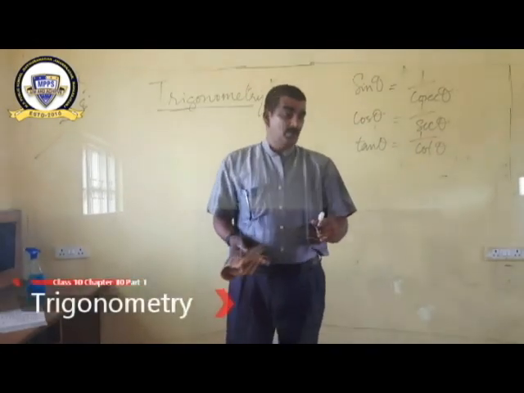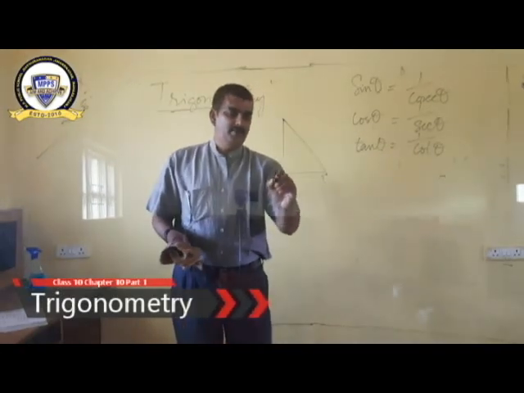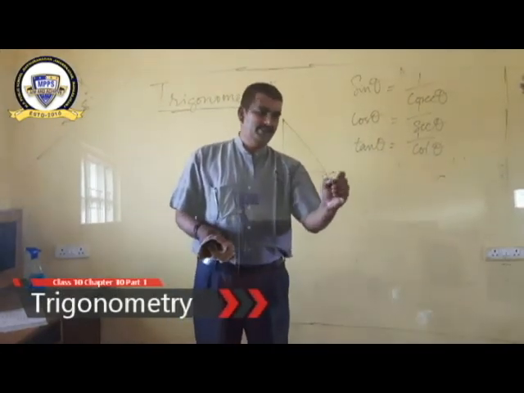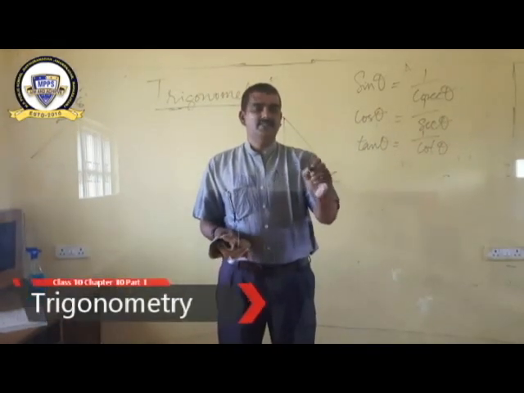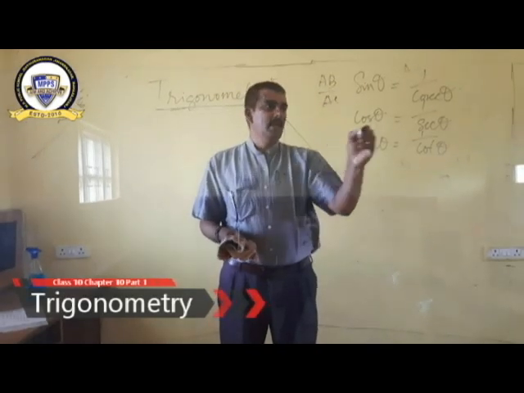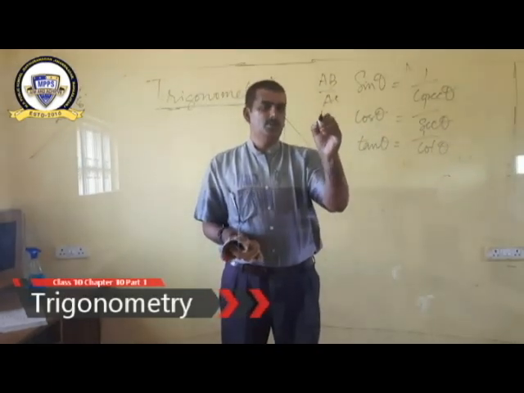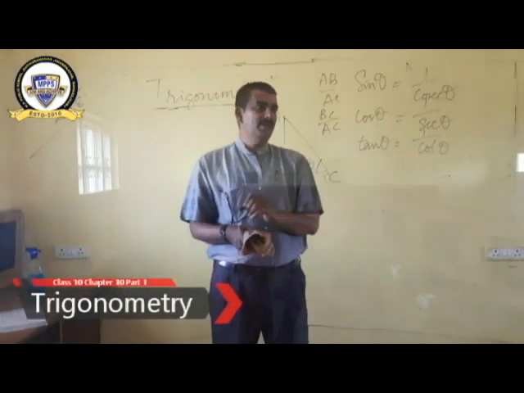In the picture, once more I want to draw the same picture. This is that picture. Here B, here A, and here C. This is theta. Sin theta is equal to AB by AC, and cos theta is equal to BC by AC.